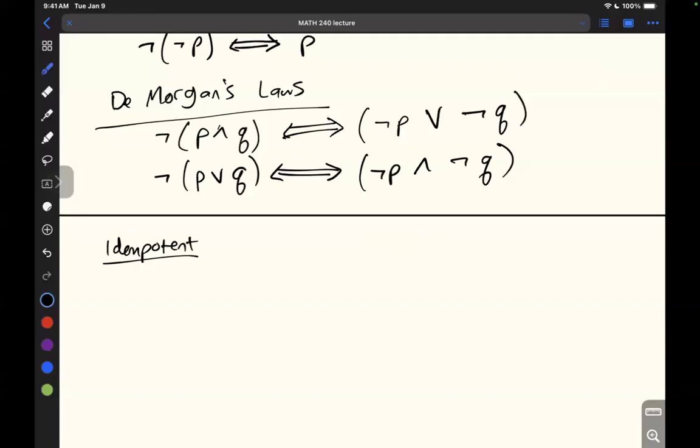Then we've got the idempotent laws, which are if we have P or P, that's equivalent to just writing P, and the same for and. So if we write P and P, we can just simplify that and just write P itself.